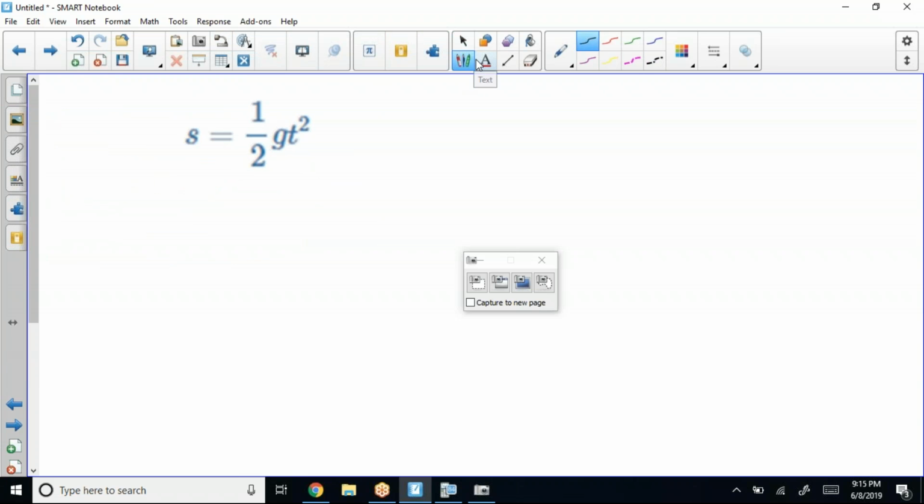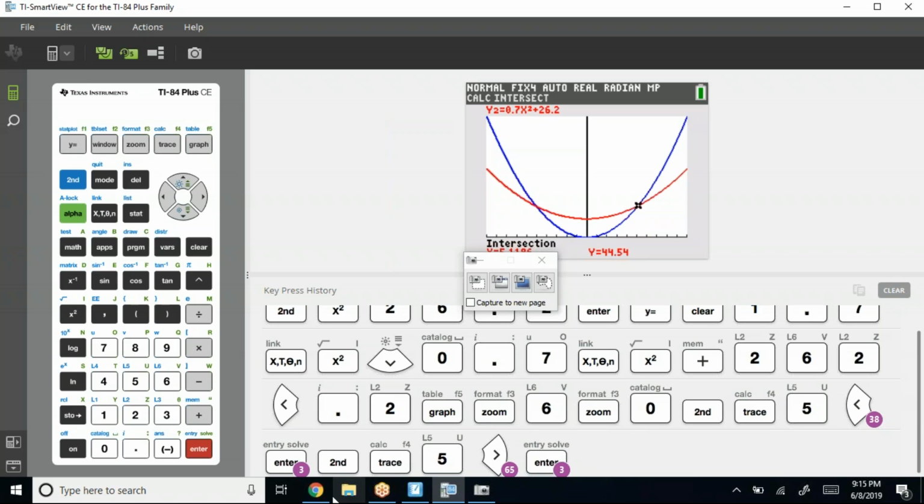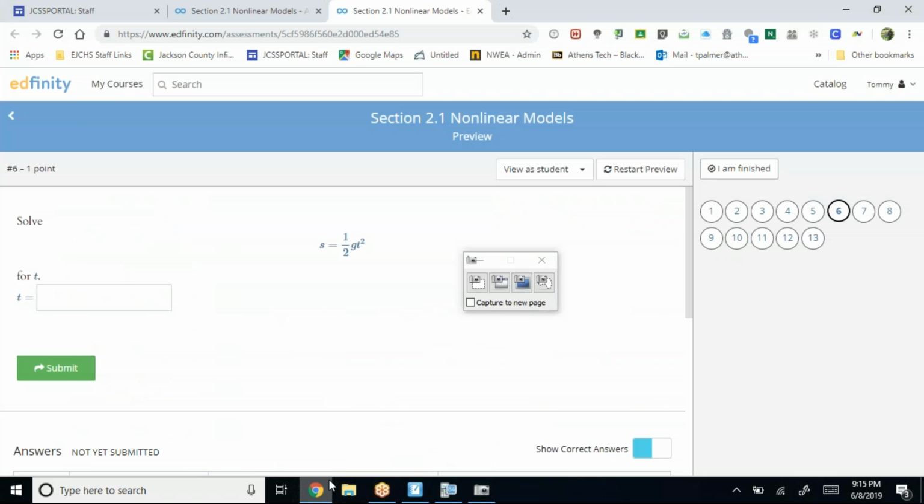So you put 0 in because you're solving for t, right? No, because they gave you g, but are they giving you g? Let's see. No, it's just solving a literal equation.